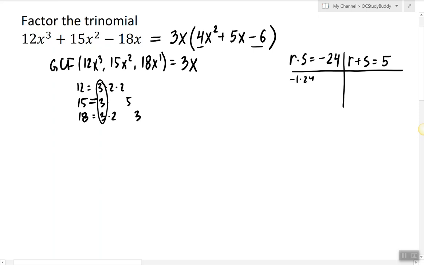We have negative 1 and 24, that doesn't work, negative 2 and 12, doesn't work, negative 3 and 8, negative 3 and 8 actually works.